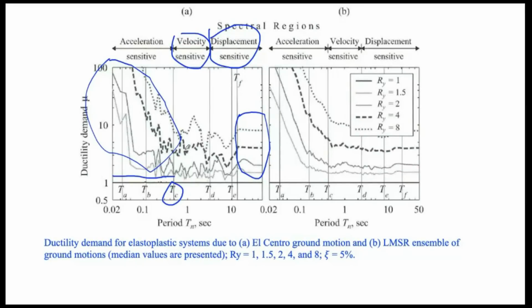That's why in the majority of design and assessment problems, when the vibration period is more than Tc, if we are in this range, we always assume that ductility and strength reduction factor are the same, which means that, let me just draw here.